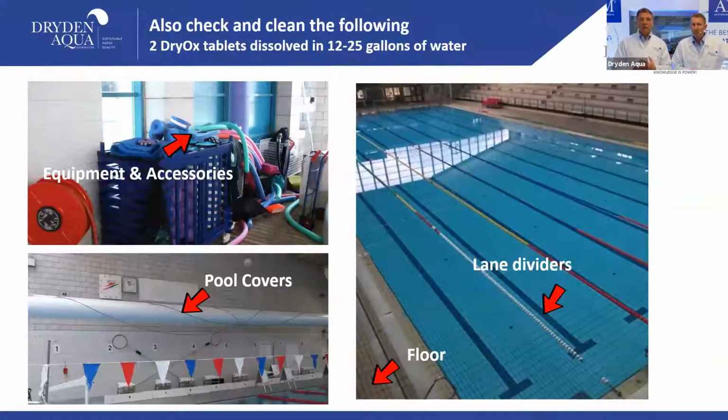So from time to time, wash and disinfect the floats, the noodles, the pool covers, and maybe also the line dividers. You can do this with bleach, but the best is, again, chlorine dioxide: 2 tablets in 25 gallons, or 1 tablet in 25 gallons. Then you have a perfect cleaning solution.